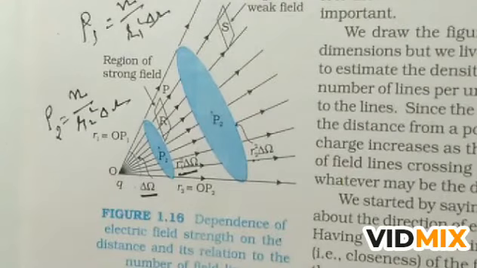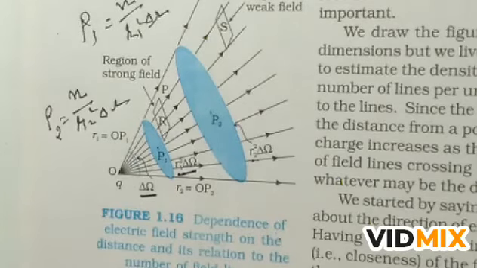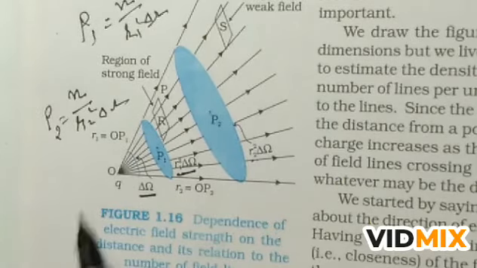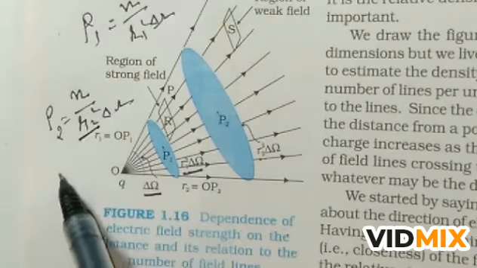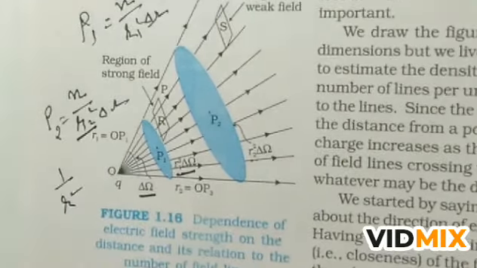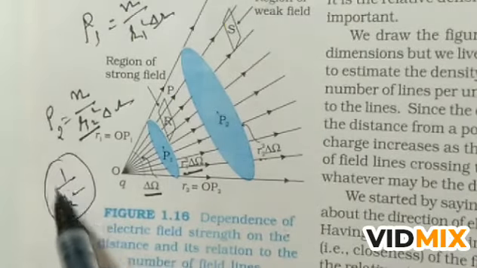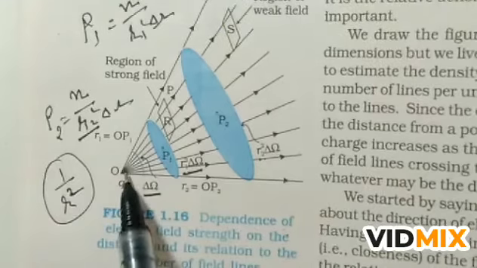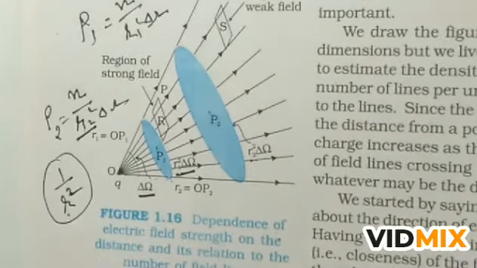So delta omega and N are the same, so electric field strength depends on 1 upon R square, means the dependence of electric field is on 1 upon R square. As you move away from the charge, the electric field is going to decrease.